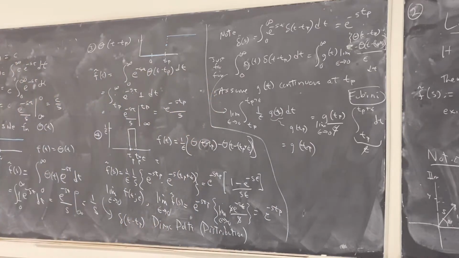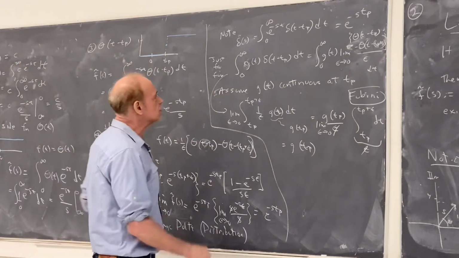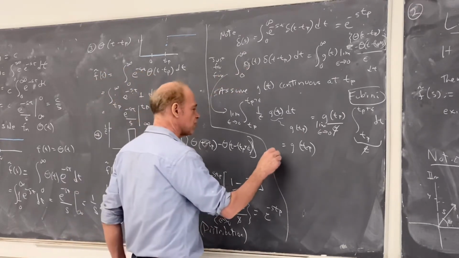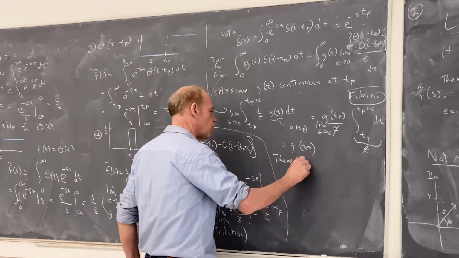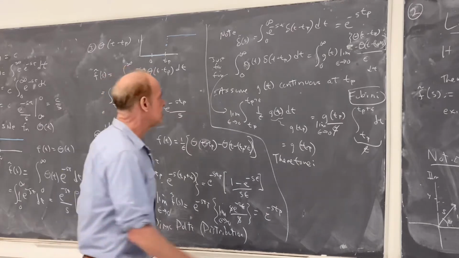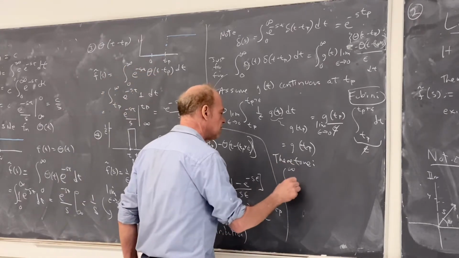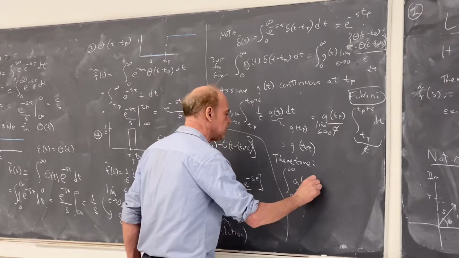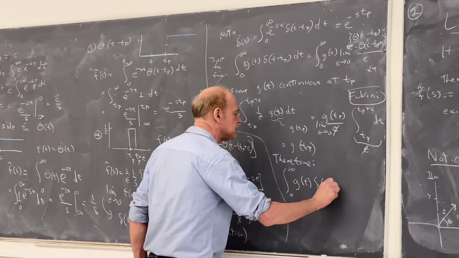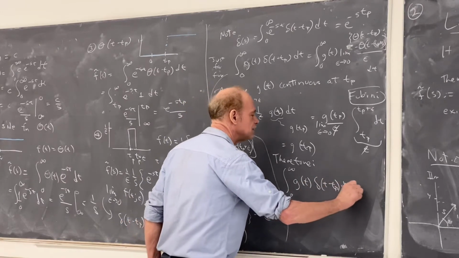So what did we find? Therefore, one property of delta is that the integral from 0 to infinity of g of t, delta of t minus tp, dt is just g of tp.